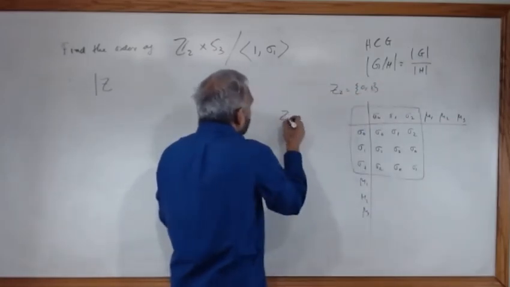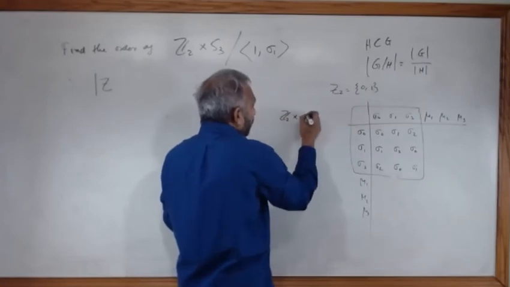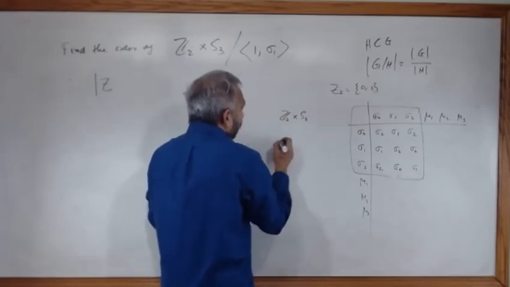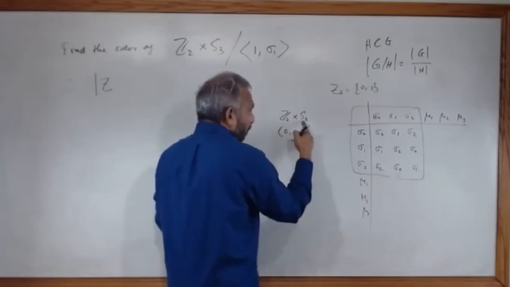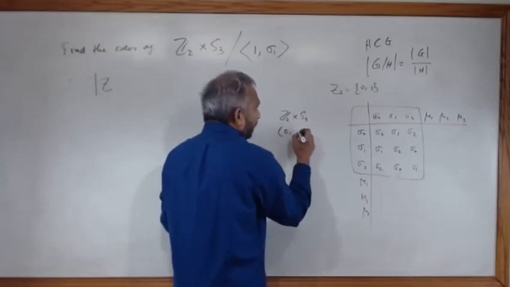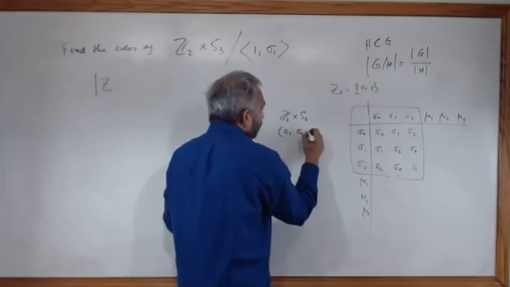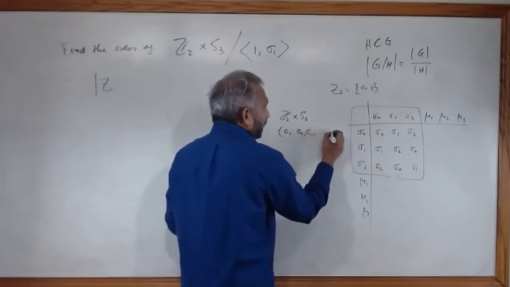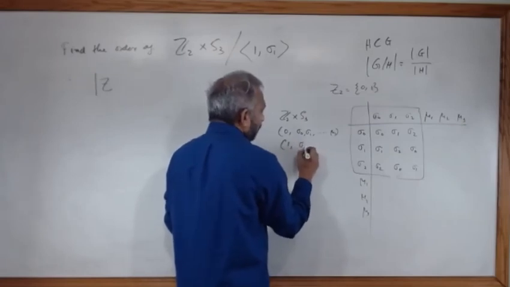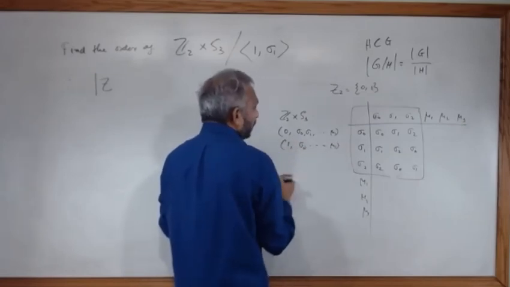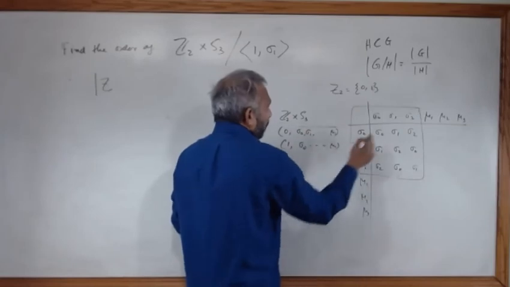So Z2 cross S3 will have (0, element from S3), like either sigma 0, sigma 1 or up to mu 3, and (1, sigma 0) up to (1, mu 3). How many elements are here?